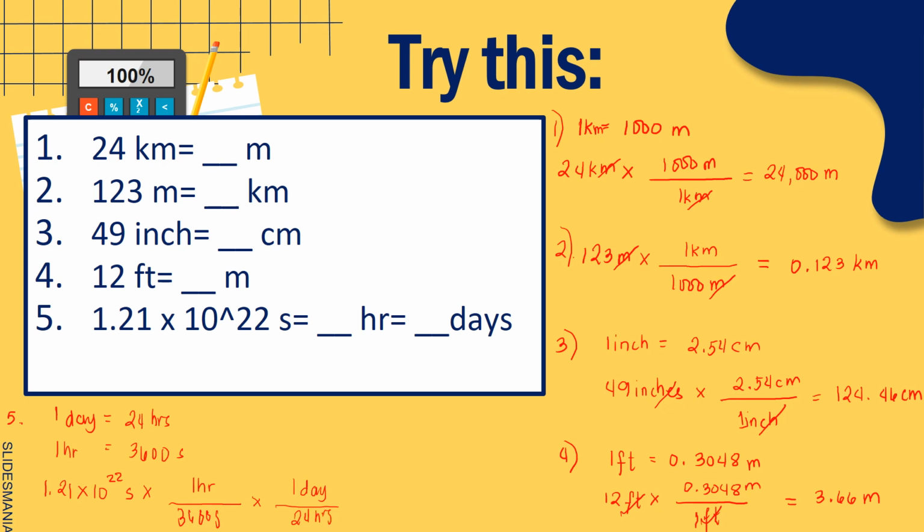So cancel seconds to seconds, hours to hours to get the unit day. So 1.21 times 10 raised to 22 divided by 3,600 divided by 24 hours, I believe that is 1.40 times 10 raised to 17 days. So that's it. That's how you convert your unit into its desired unit.